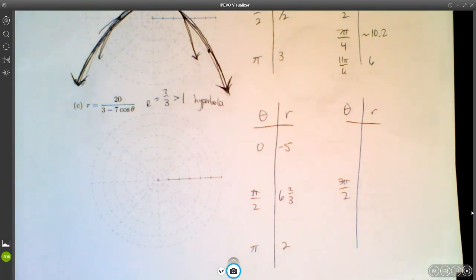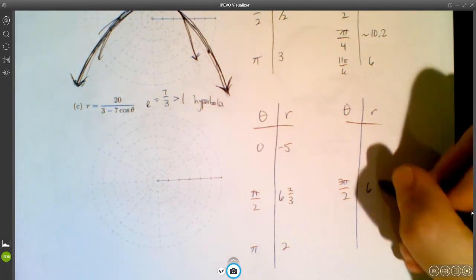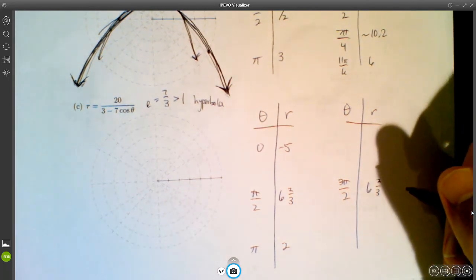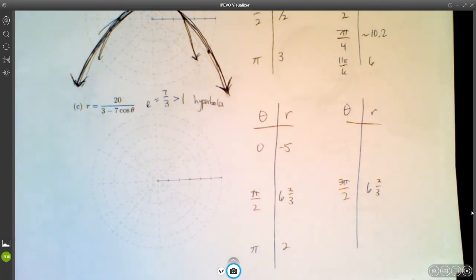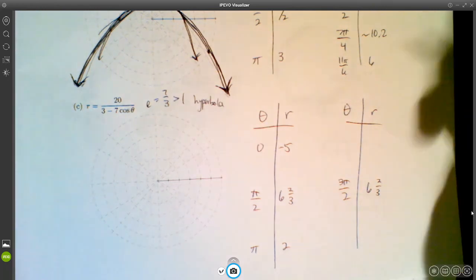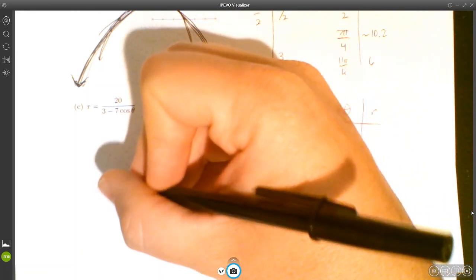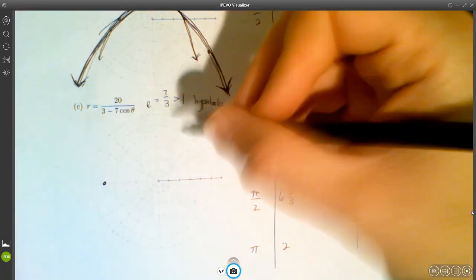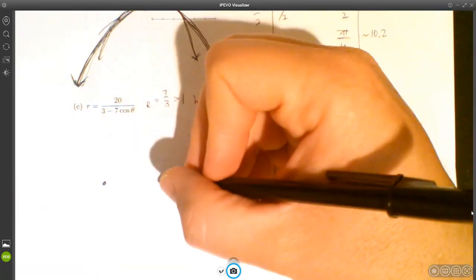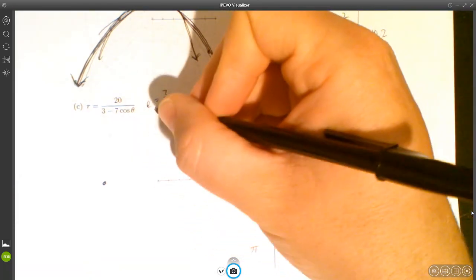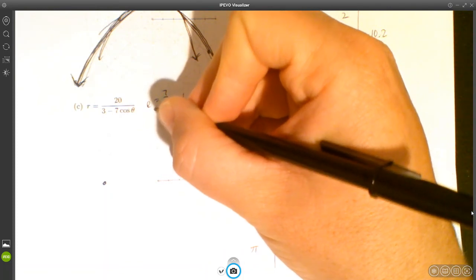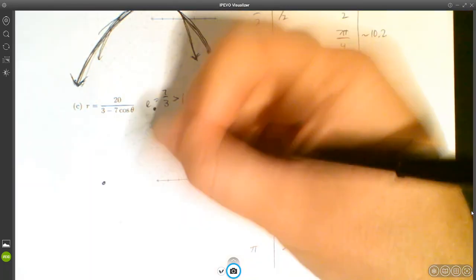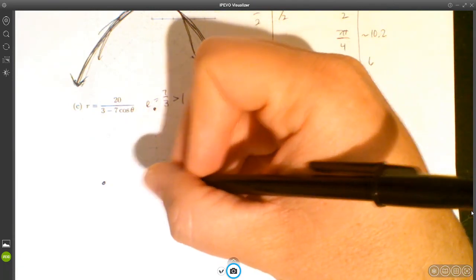When theta is 3 pi over 2, we get 20 thirds again, that's 6 and 2 thirds. Okay, interesting. So at 0, negative 5. 1, 2, 3, 4, 5. At pi over 2, 6 and 2 thirds, which is like off the charts. Maybe something like that. At pi, 2.